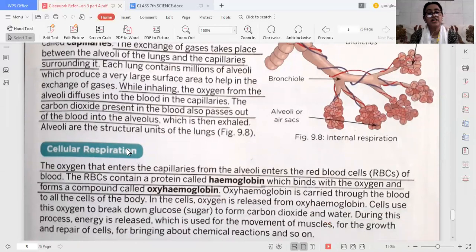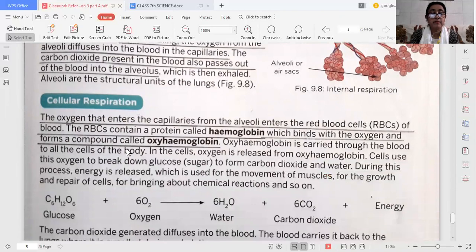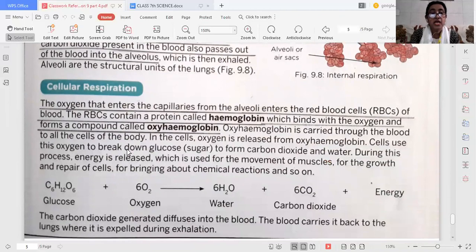Now how does cellular respiration occur? As the name indicates, it takes place inside the cell. The oxygen that enters the capillary from the alveoli enters the red blood cells, RBC. And we all know the red blood cells contain hemoglobin, and this hemoglobin binds with the oxygen and forms oxyhemoglobin. Now this oxyhemoglobin is carried by the blood to different parts of the body and different cells of the body.